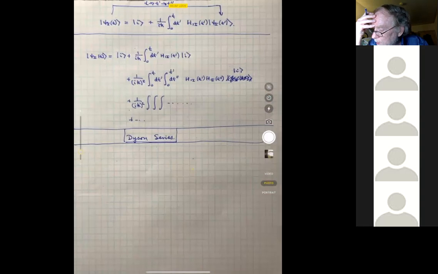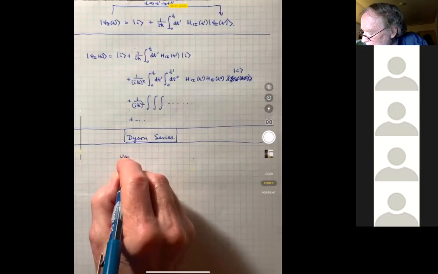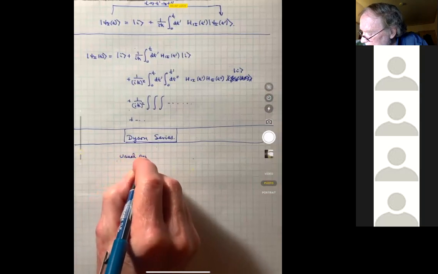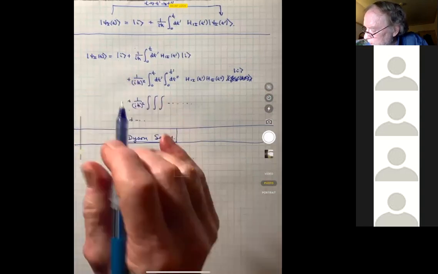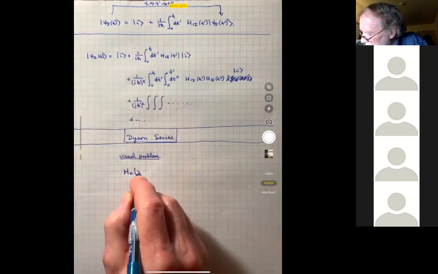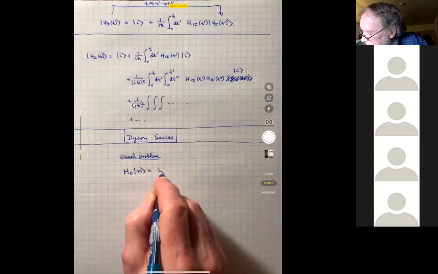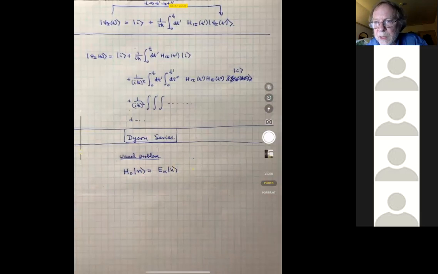Okay, so anyway, that's the Dyson series, or a version of it anyway. Now, in what I'm going to call the usual problem, the initial state I is actually an eigenstate of the unperturbed system H0. Let's say it has eigenstates n with energy E sub n. We'll assume it has a discrete spectrum for simplicity.